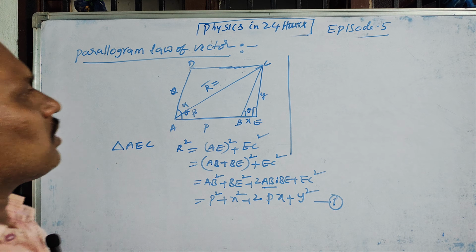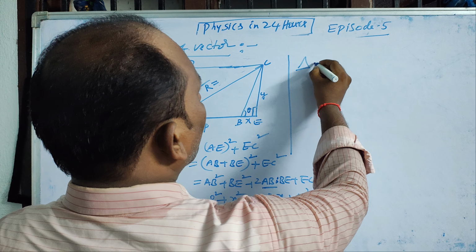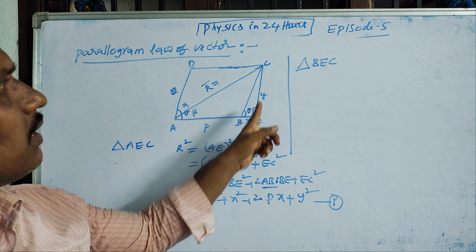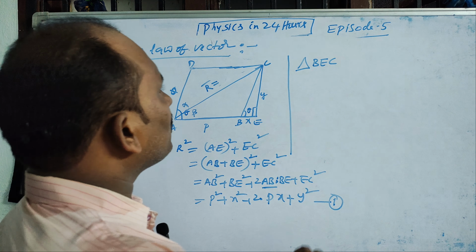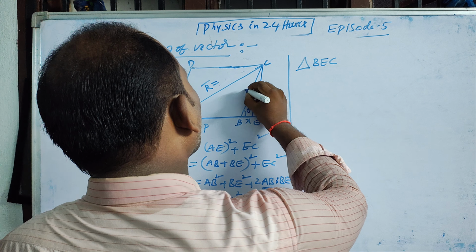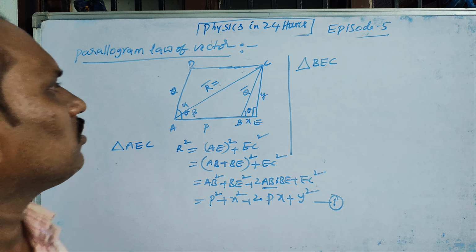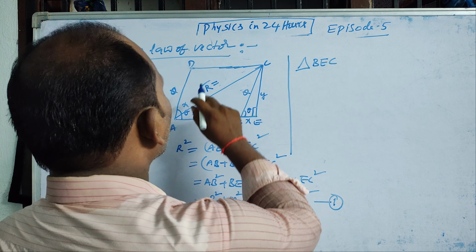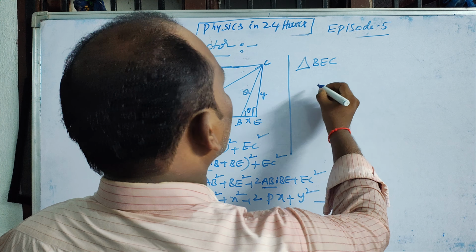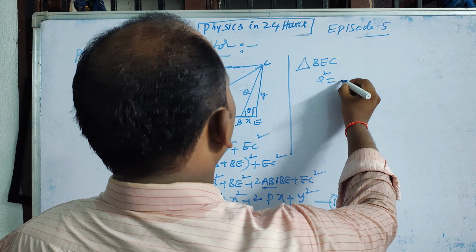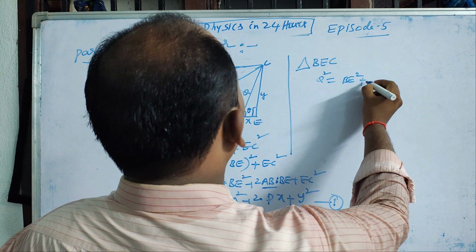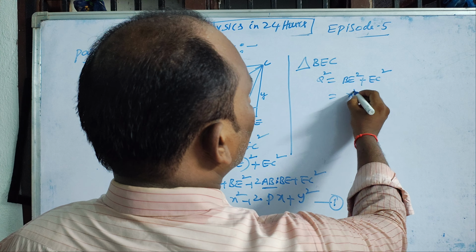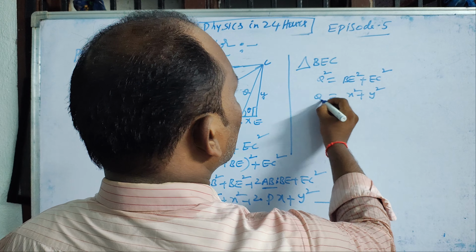Now by taking a smaller triangle BEC, it is also a right angle triangle. See guys, opposite sides are equal in the diagram, so this also becomes Q. So here also Q square is equal to BE square plus EC square, which is x square plus y square is equal to Q square.